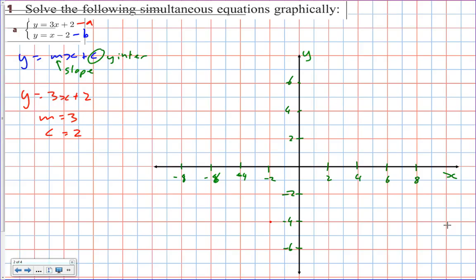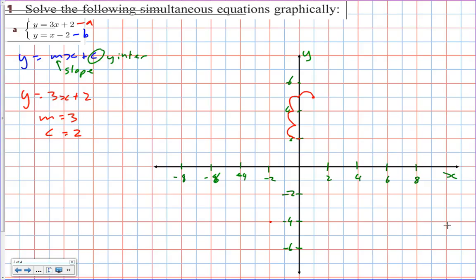So now to plot the red one, we put our dot there at 2. Slope of 3 means you're going to go up 3: 1, 2, 3, and I'm going to go across 1. So 1 to there, and we put a dot.